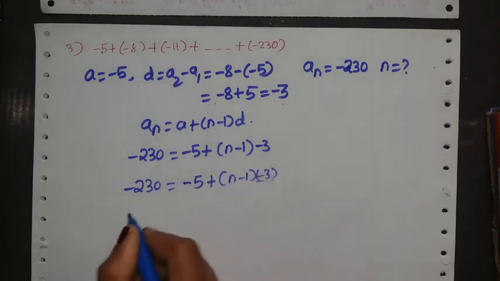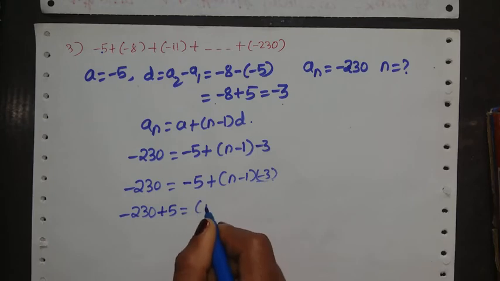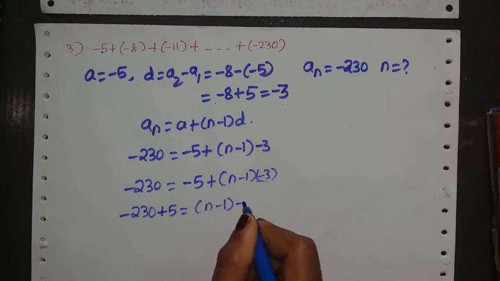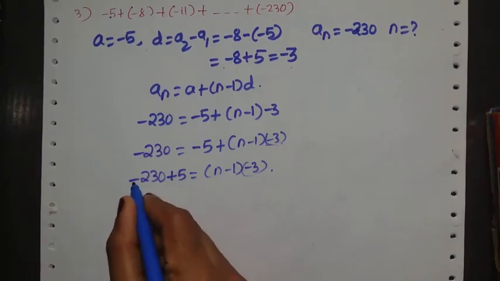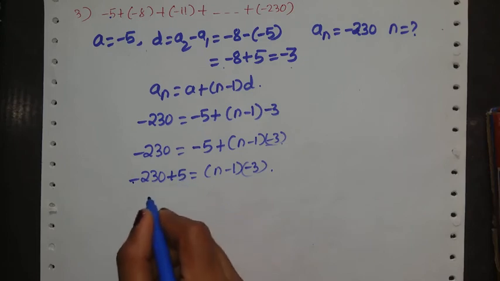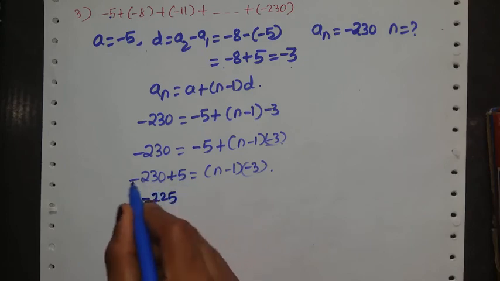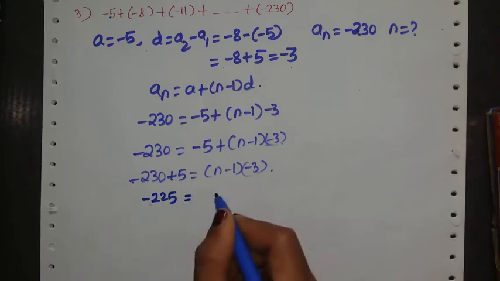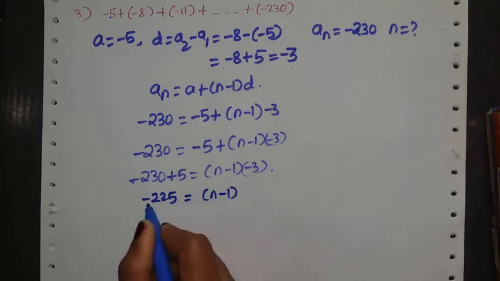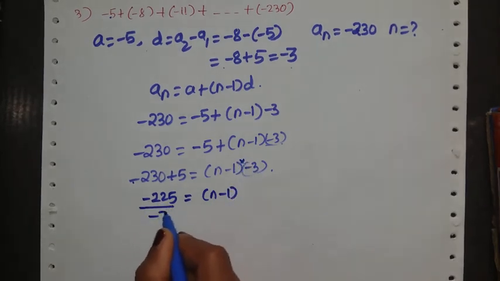Yes, here minus 230 minus of minus 5 becomes plus 5 equals to n minus 1 into minus 3. This is minus and plus, we have to subtract here. 230 minus 5 is 225. So this is greater one, so sign is negative. So n minus 1 is minus 225, divided by minus 3.